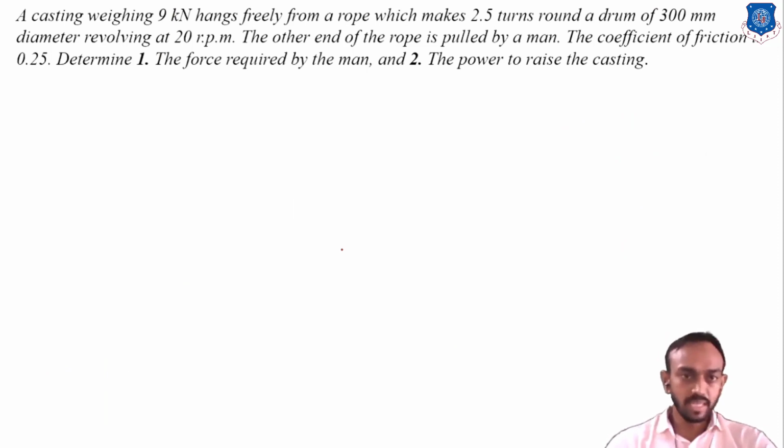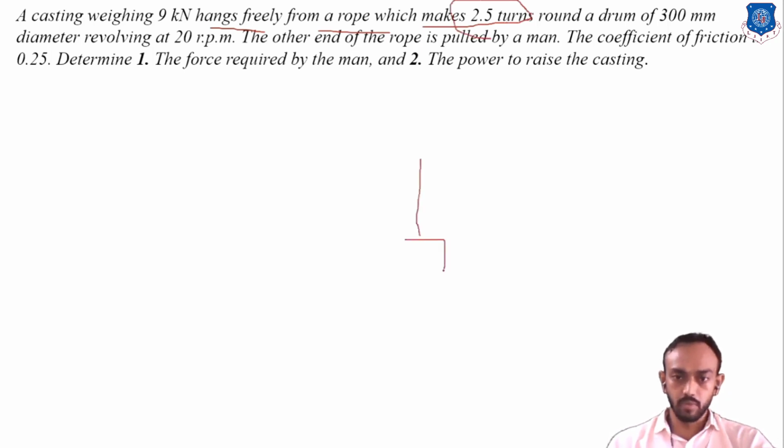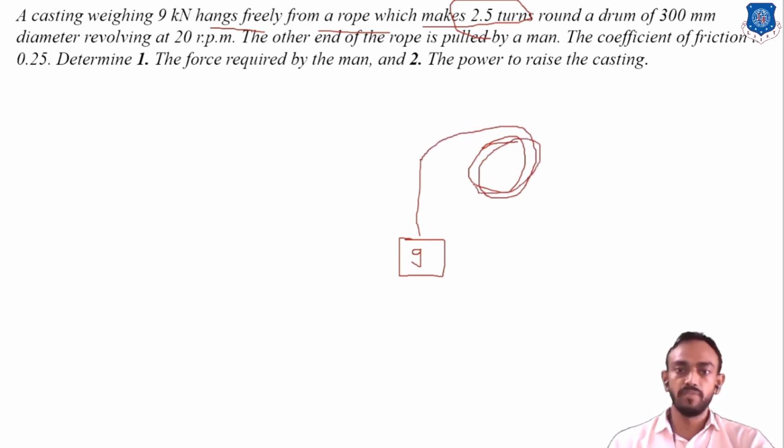A casting weighing 9 kilonewton hangs freely from a rope, which makes 2.5 turns. Let me give you an overview. There is a weight, there is a pulley here, and the rope is turning 2.5 times, and then some person is holding it.